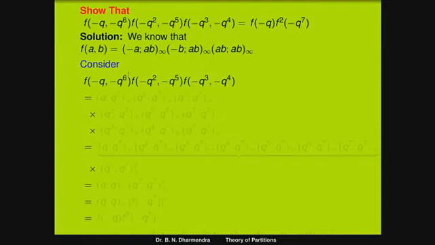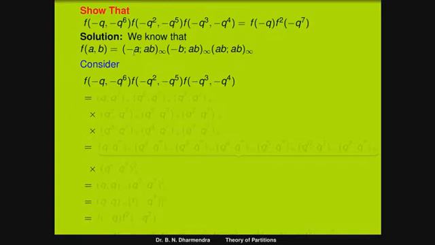So therefore, we have to apply here a is equal to minus q and b is equal to minus q to the power of 6, that can be written as q to the power of 7. When I take the multiplication of a into b, minus into minus plus, q to the power of 6, that becomes q to the power of 7.